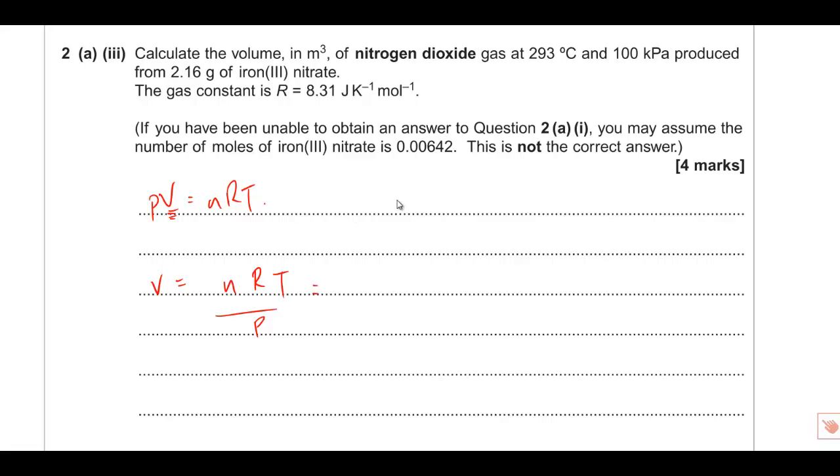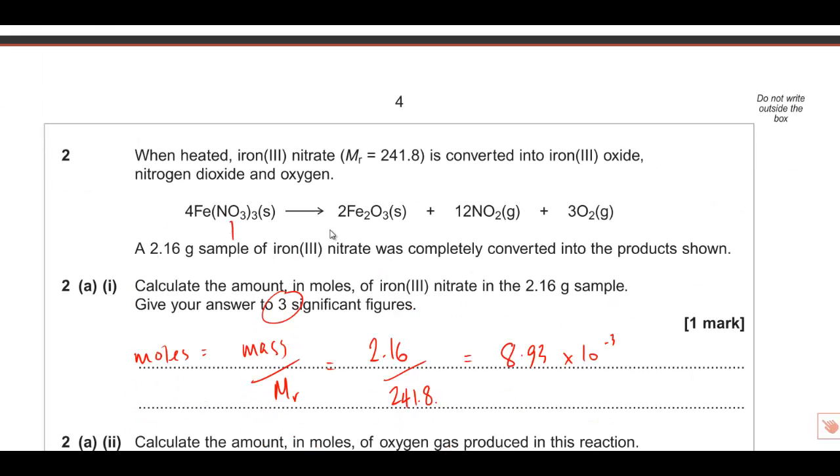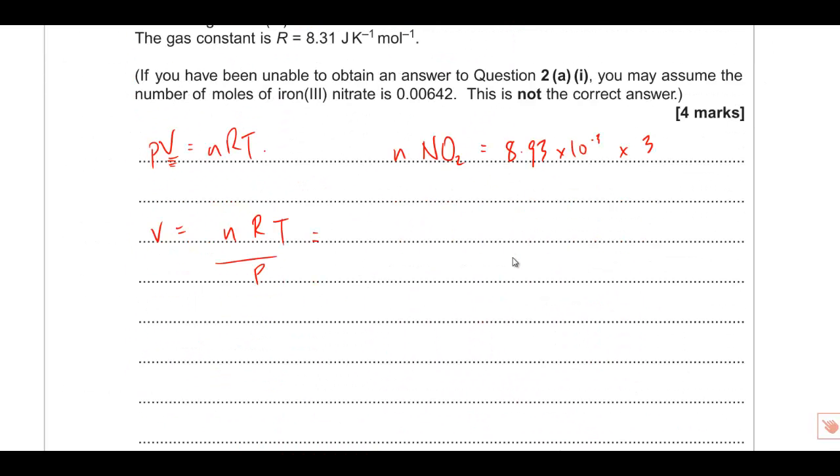So first of all, let's work out our moles then. Moles of NO2 is going to be 8.93 times 10 to the minus 3 multiplied by 3. Just in case you're curious, my ratio is 1 to 3, so I'm multiplying my molar value by 3 to give me the moles of nitrogen dioxide that was produced.